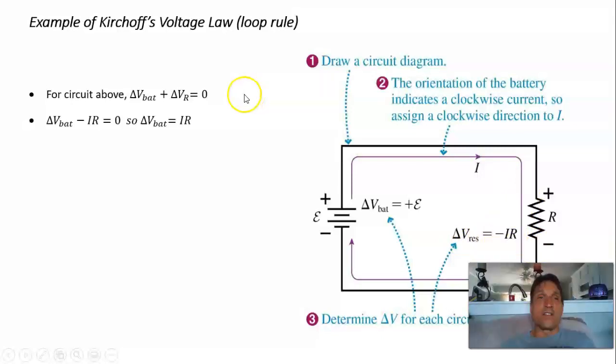So we add these up and we get delta V battery plus a negative IR is 0, and that just means that delta V battery is IR. Okay. In other words, the voltage produced, the potential difference across the battery, which is produced by this chemical reaction, this potential difference is lost in going through the resistor.